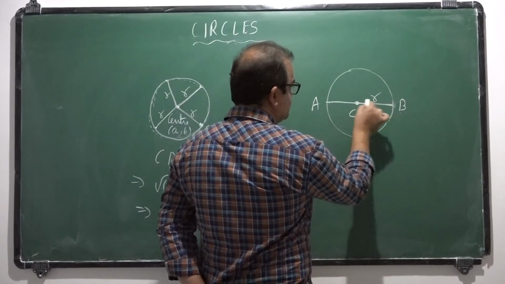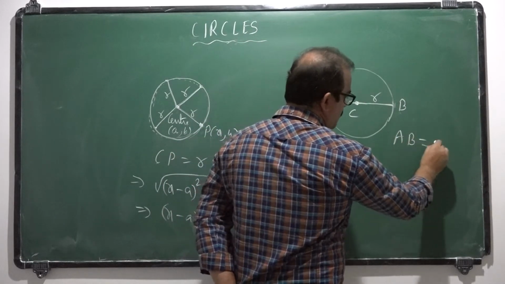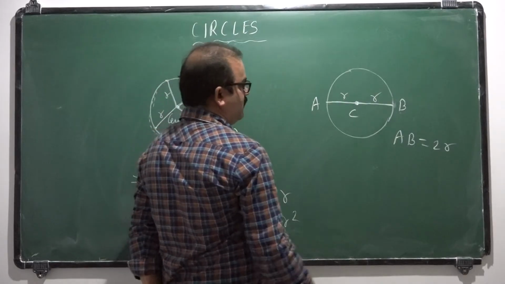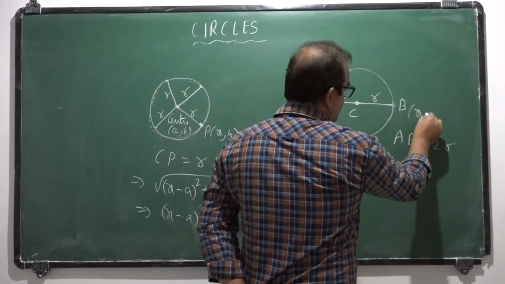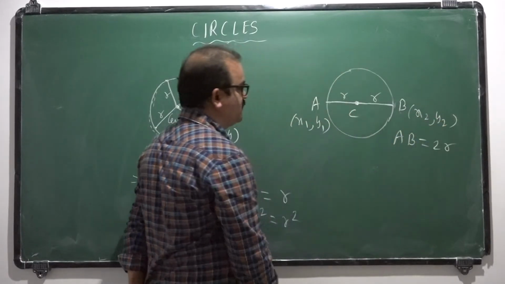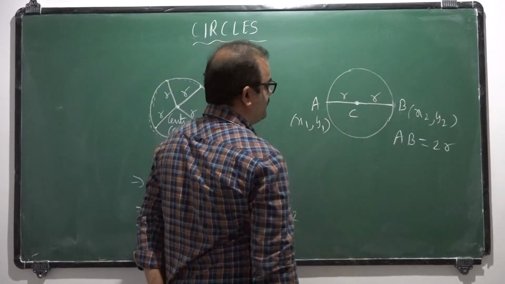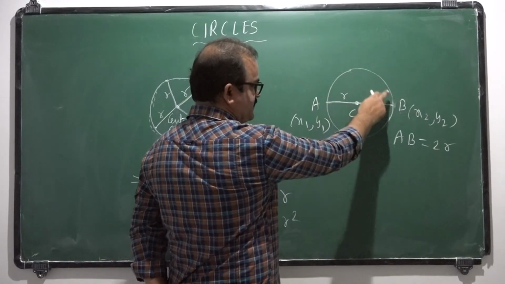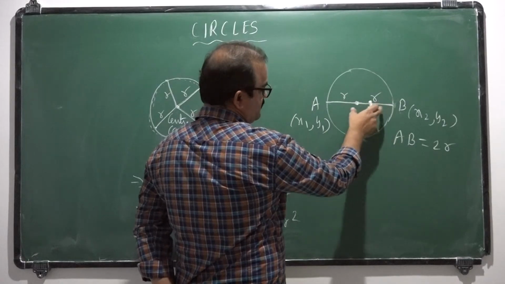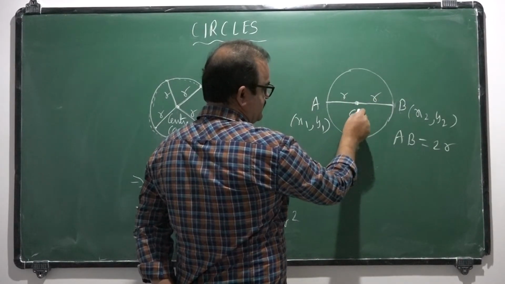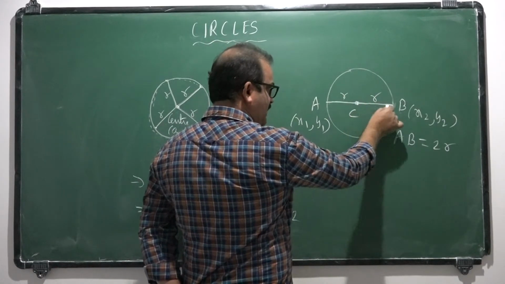Length of this AB is r plus r, 2r. Now let the point A be (x1, y1) and this point be (x2, y2). If A and B are endpoints of the diameter, then how can we find the equation of this circle? By taking the midpoint of AB, we get the center. Here C is the midpoint of AB and r is the radius.